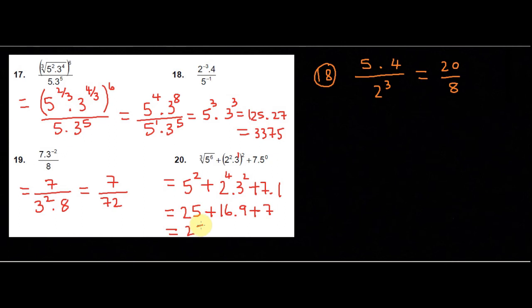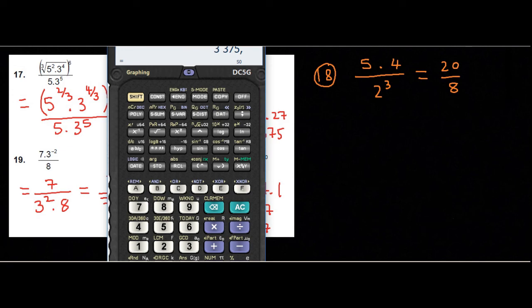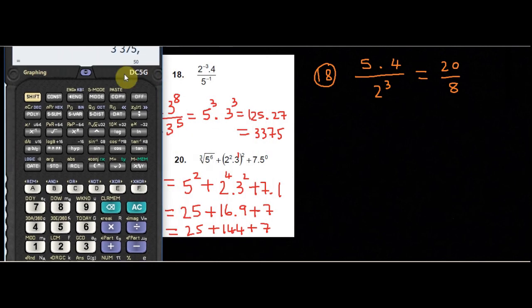So it's 25. 16 times 9 is 144 plus 7. And we can just do this on a calculator. It's 176.